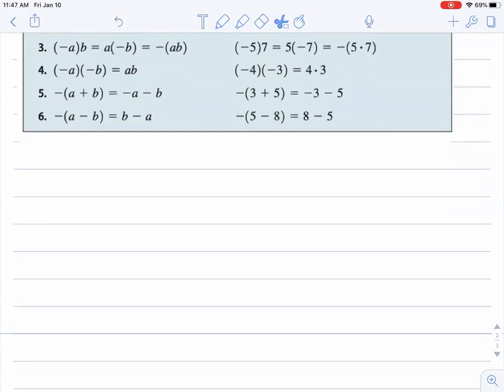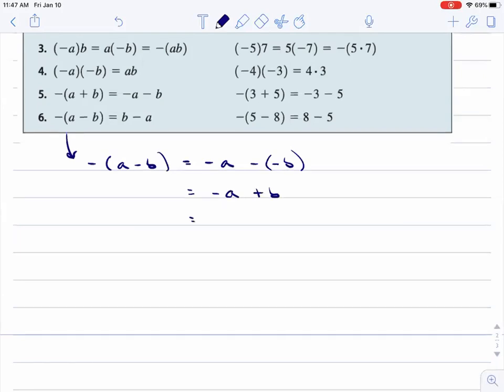But for this one, I'll say, okay, well, negative A minus B is the same as negative A minus negative B, which if we combine those rules above, then we get negative A plus B. And then they've rearranged it as B minus A. I think they just like to do that.